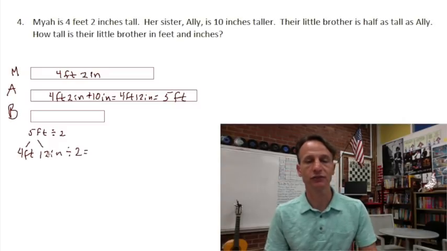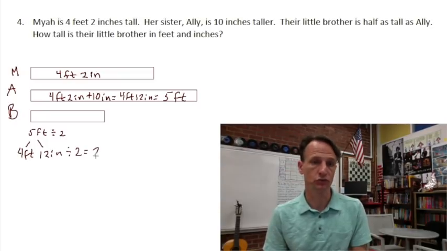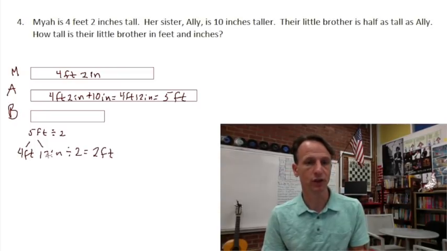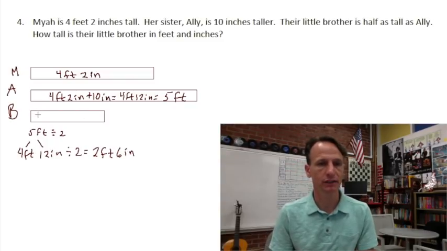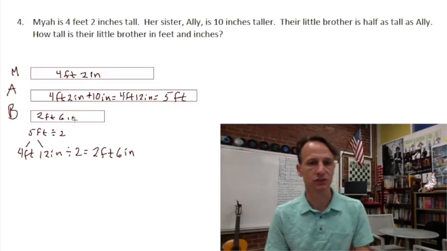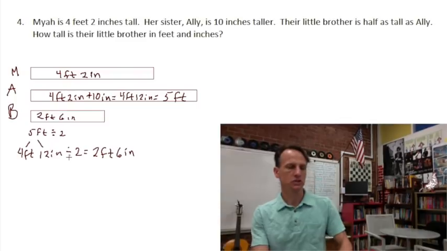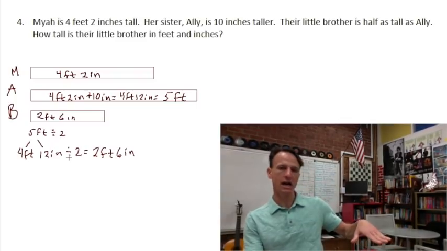Well, what's half of 4 feet? 2 feet. What's half of 12 inches? 6 inches. You see how we are able to do that? So he is 2 feet 6 inches, which is 30 inches, about yay high. So I'm going to guess he's about 4 years old.